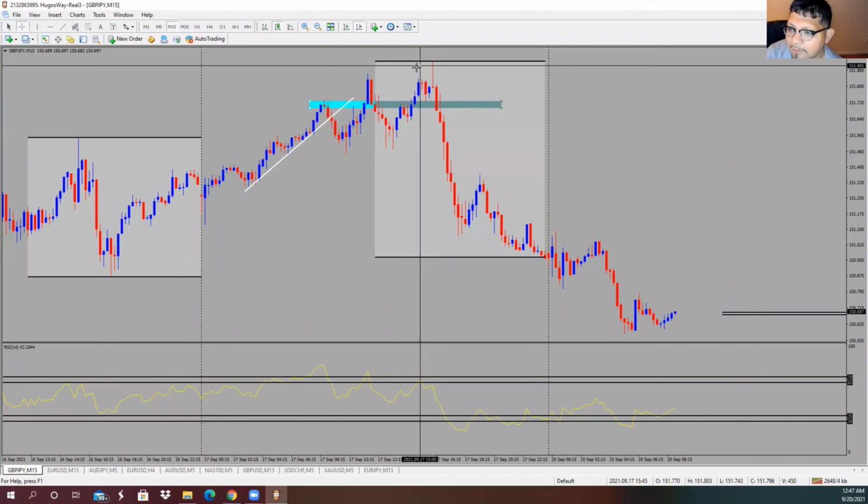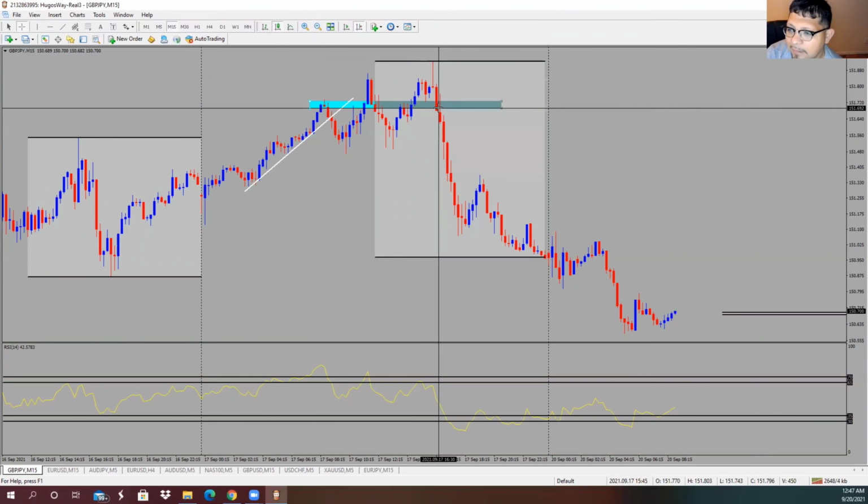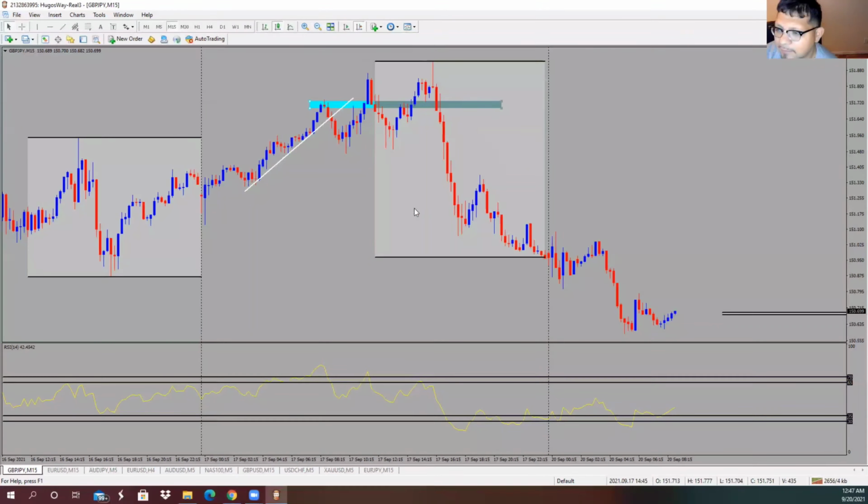It had a break of liquidity as well, and entry was right here, and take profit was somewhere down over here. I took profit at 56 or 57 pips, I think, but that's where I took my TP.